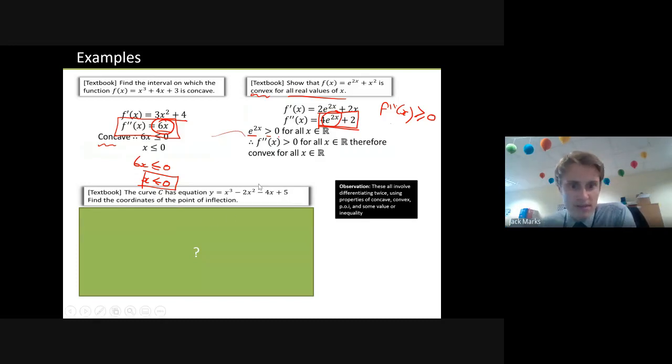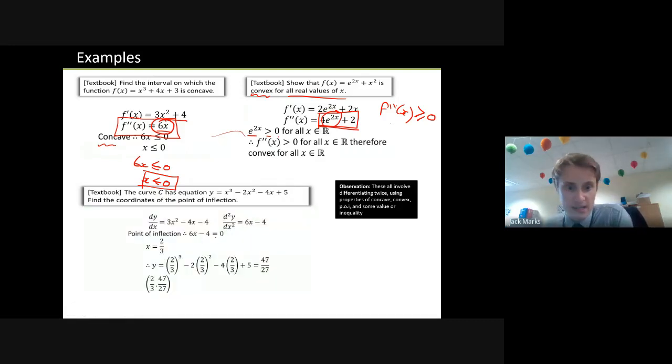One more. So this is the curve. Find the points of inflection. So we know we need to differentiate it twice. So we're thinking 3x squared, so 6x minus 4, something like that. And then we know that point of inflection is when it's equal to 0. So 6x minus 4 is equal to 0.